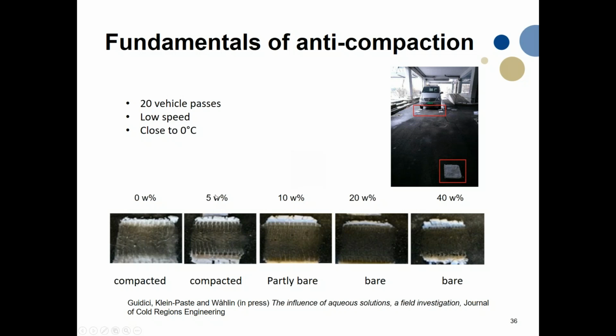Now, hopefully, these numbers can be used in the future by some decision support models. That's my dream actually, to work towards decision support models that can predict how much chemical I need to add on the road to get sufficient anti-compaction.